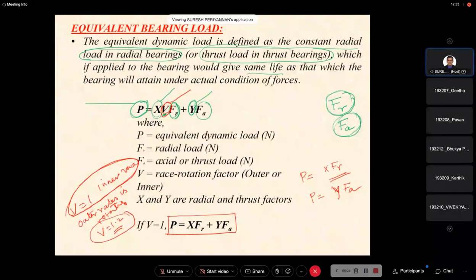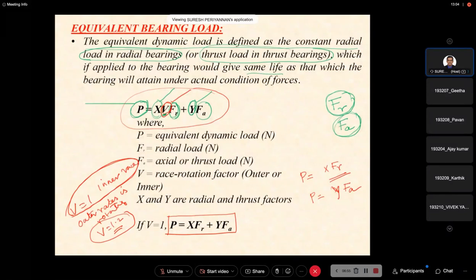Based on that assumption, we defined the equivalent radial load P equal to X into V into Fr plus Y into Fa. These empirical relations were arrived at by researchers through experimental and numerical analysis.